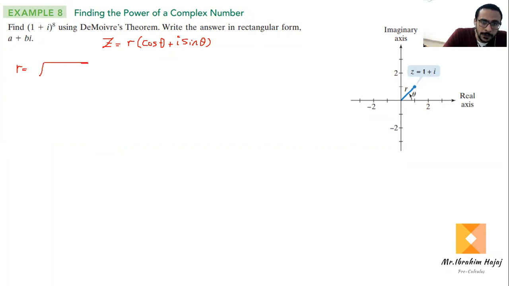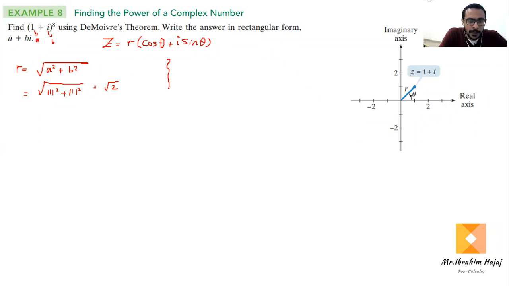The r here is the square root of a squared plus b squared, which is the square root of 1 squared plus 1 squared, where a is the real part and b is the imaginary part. The square root of 2. So this is the r.